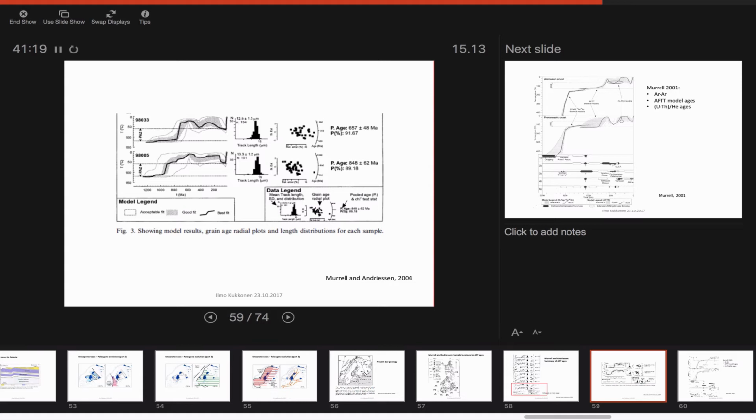Now, with this kind of approach, you can calculate the possible thermal history of a sample, and in this case, as they are using fission tracks only in this paper by Murrell and Andreasen, the results seem to indicate this. There was a high temperature before about 800 million years ago. Then there's a relatively rapid decrease in the temperature.